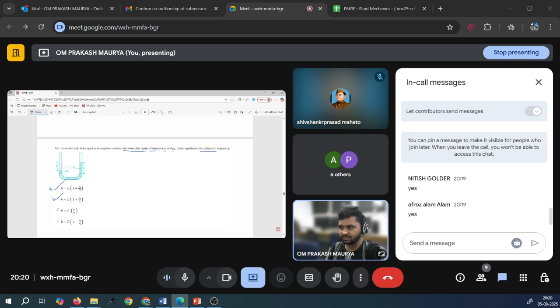A, B, C, D. A is h is equal to L1 minus rho 1 by rho 2. B is h is equal to L1 plus rho 1 by rho 2. C is h is equal to L divided by rho 1 by rho 2. And D is h equal to L1 minus rho 1 by rho 2. Which option will be correct?